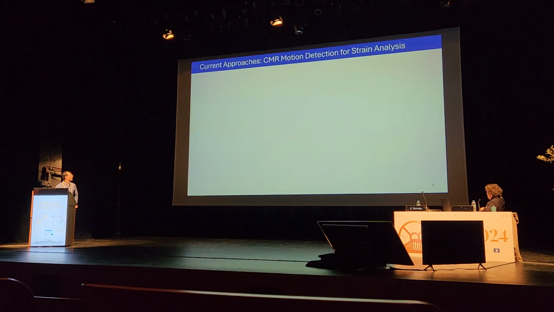Okay, so we talked about motion, right? The next question is, the strain is computed based on motion, but how do we get good, accurate motion? Cine, and specifically Cine DSSP data, are the most widely used CMR images, because they have high quality and are easy to access.